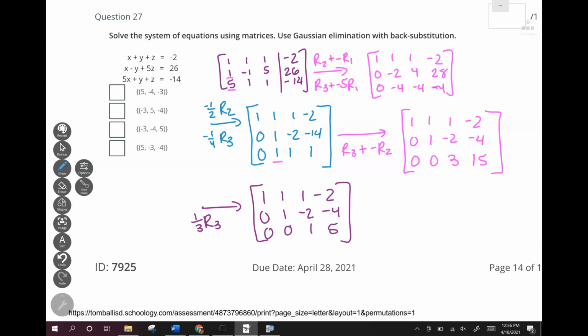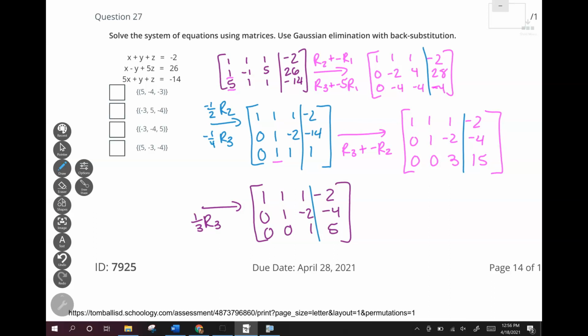So remember the goal that we had, and I'm really bad about not drawing these lines here. You really don't have to put them, but it does help a lot of people remember that's where the equal sign goes.